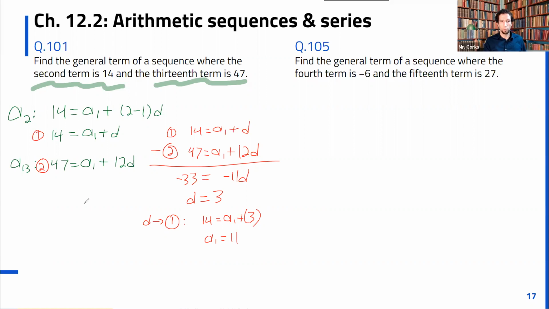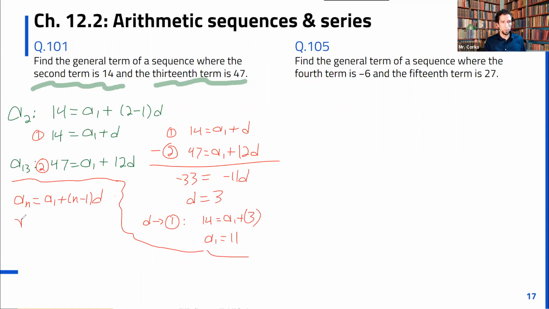And now what are we going to do? Use both values to make the general term. So general term formula, once again here, An is equal to A1 plus n minus 1 times d.